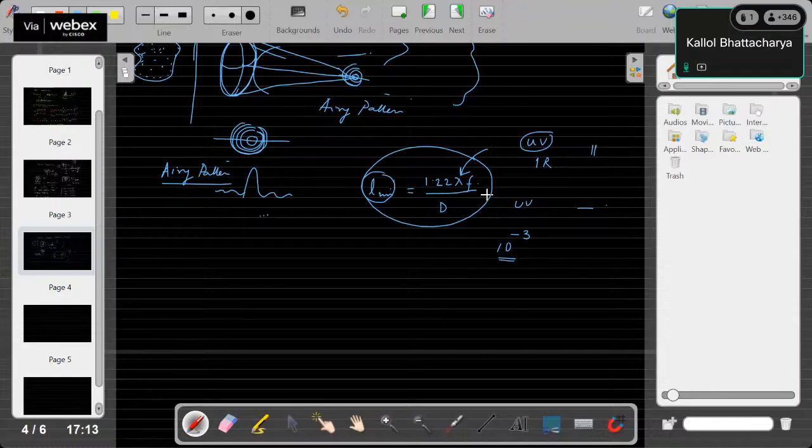So electron microscopy is just a derivative of light microscopy. Whatever we studied in the last class, that is the simple optical microscope, the electron microscope has the same parameters. You have a microscope objective, you have an eyepiece, not the eyepiece exactly, but something else. But the configuration is the same. The only thing is that instead of glass lenses, you have electromagnetic lenses.